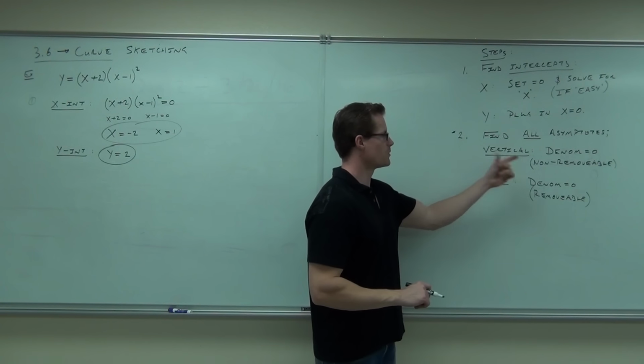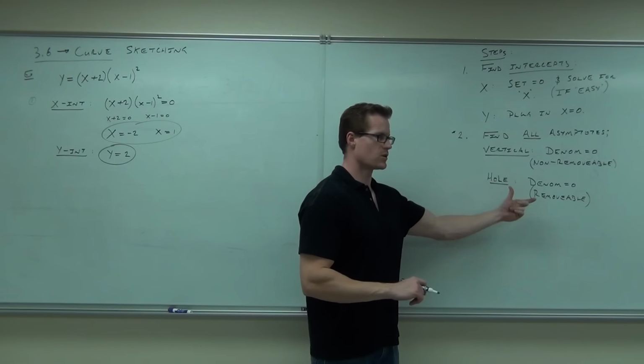Vertical asymptote: denominator equals 0, non-removable. Hole: denominator equals 0, removable.